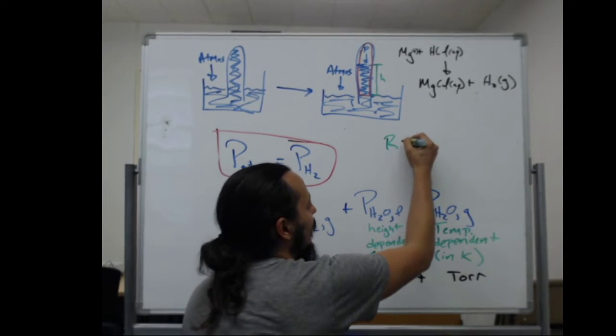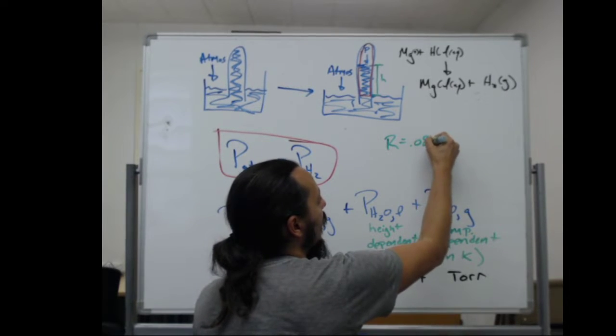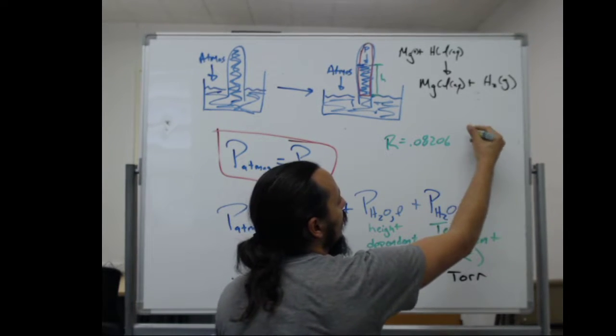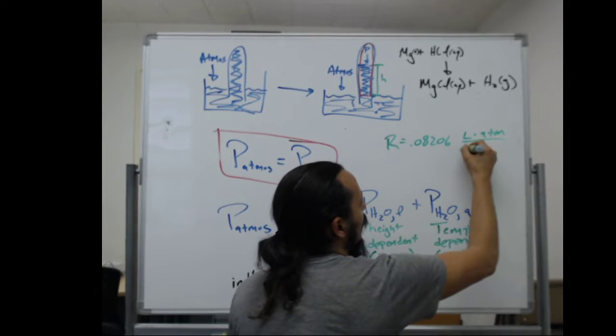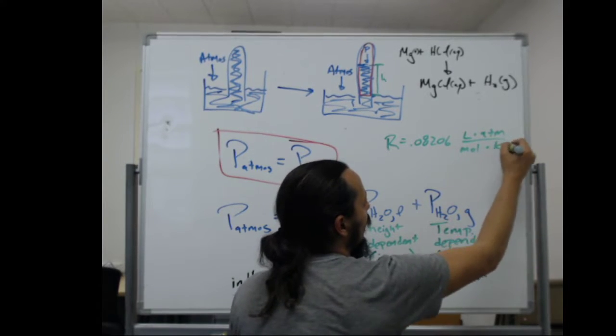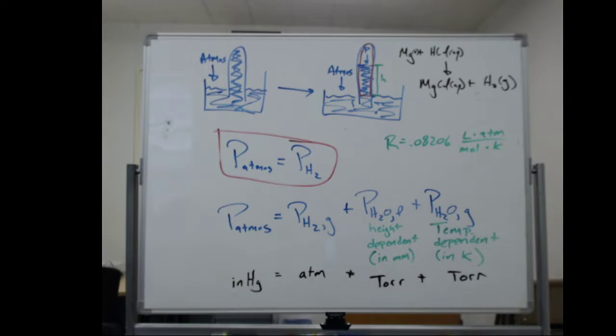The ideal gas constant, R, is equal to 0.08206 liters atmospheres per mole Kelvin. And the fact that that gas constant is in atmospheres is why we want to make sure we end up with our pressure of H2 gas in atmospheres.